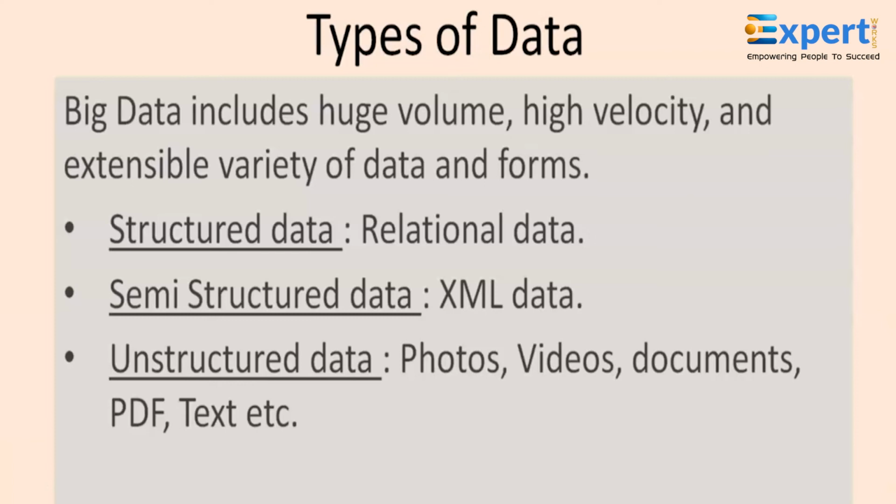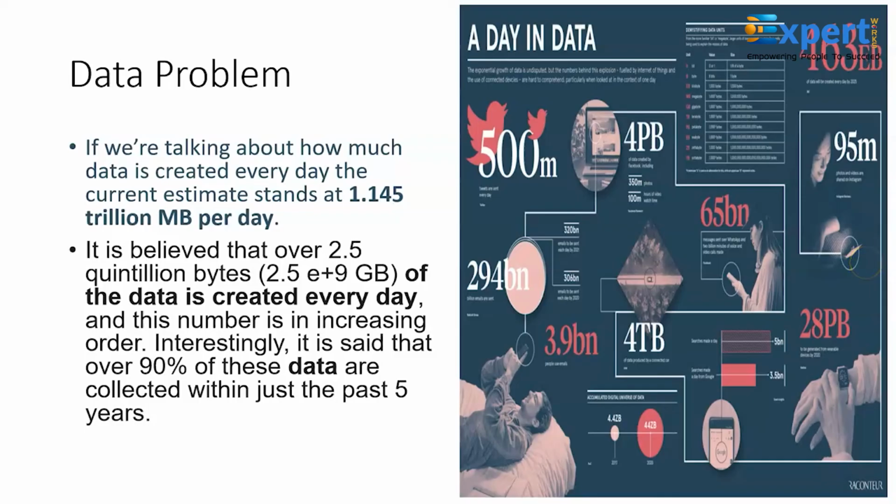And in different forms. We are having huge volumes, high velocity, and that is also structured into different forms of data. There is structured data, that is relational databases. There's semi-structured data, our XML files. Then there is unstructured data, that's photos, videos, documents, PDFs, text, etc. A whole lot of data.